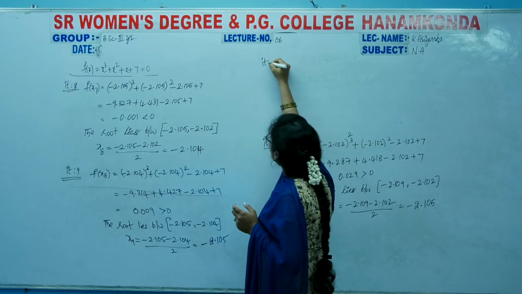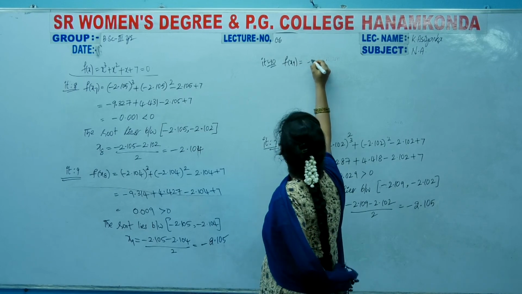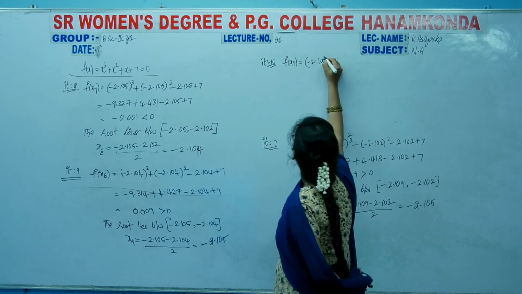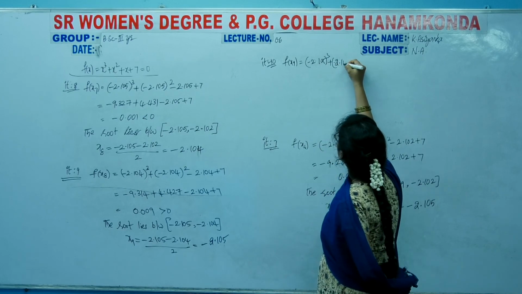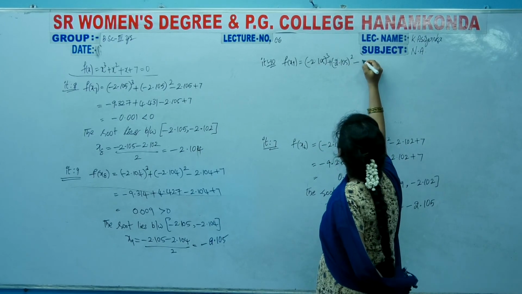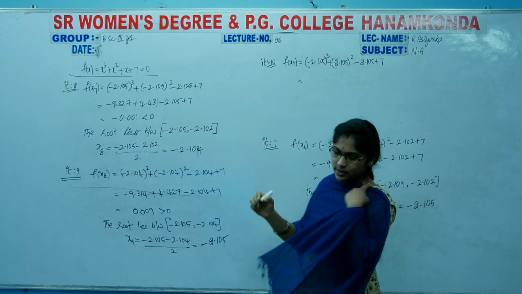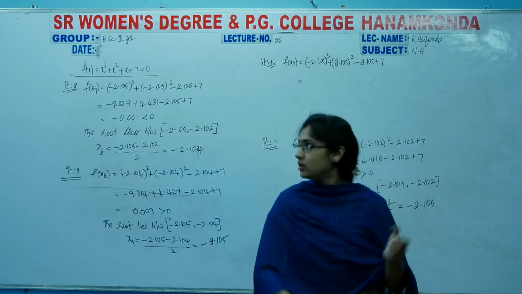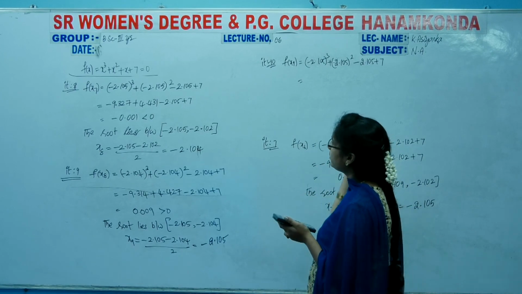Now iteration number 10. Now f of x9 equal to minus 2.105 whole cube plus minus 2.105 whole square minus 2.105 plus 7. Okay. So now here what we get? 2.105, already we discussed here.